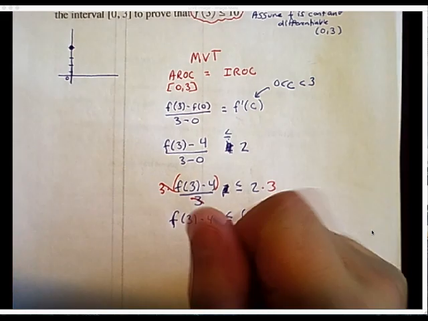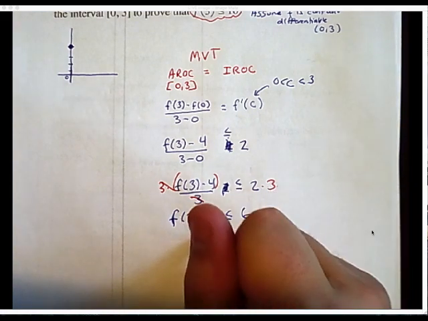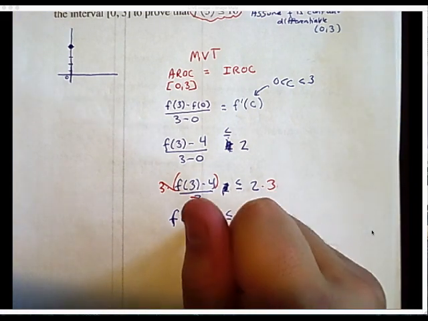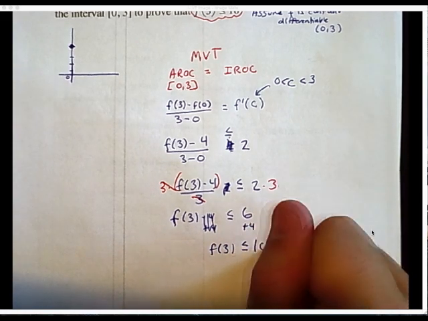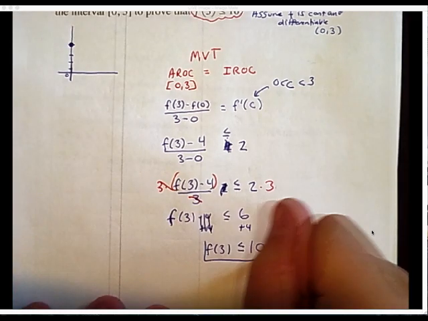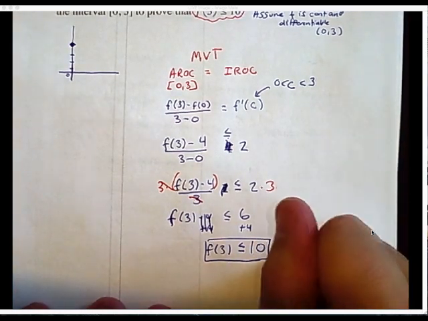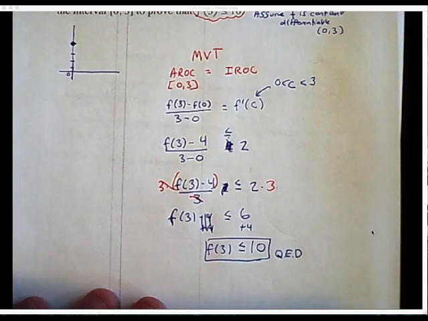And it's going to stay the same way because I'm multiplying by a positive number. When you add or subtract, the inequality does not switch signs. So f of 3 has to be less than or equal to 10, which is what they wanted me to prove. So therefore it has been proved.